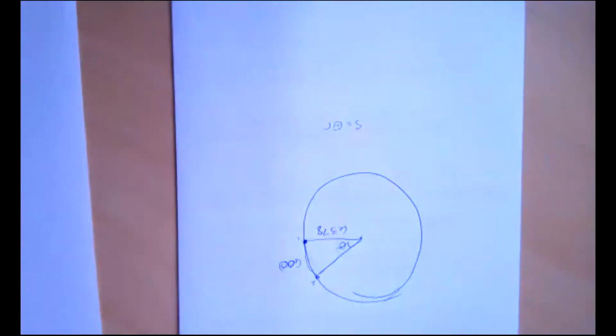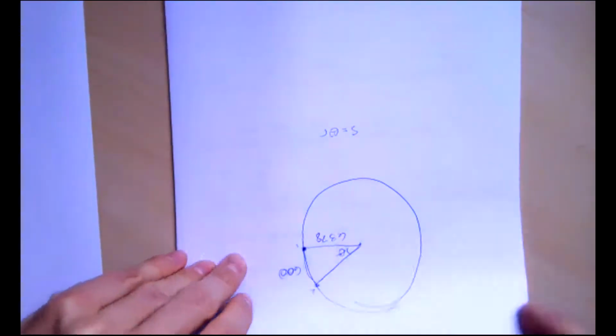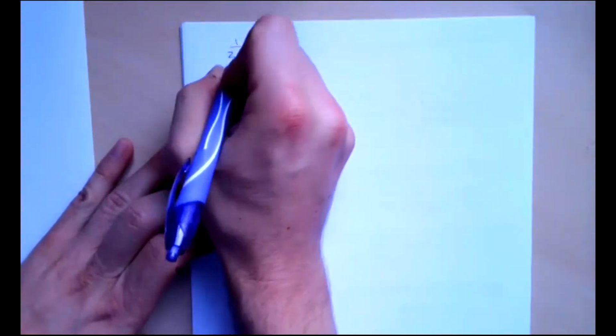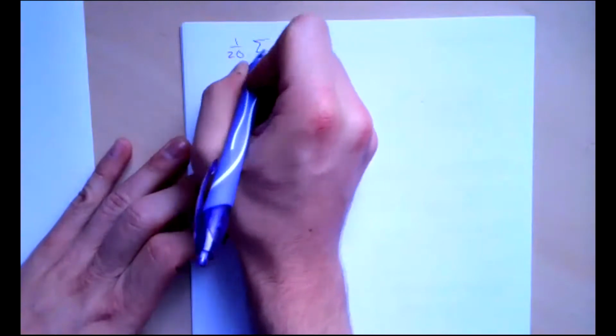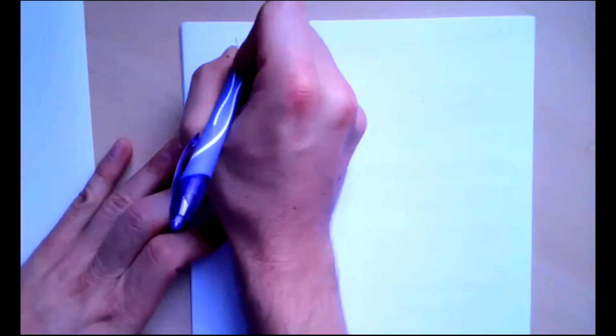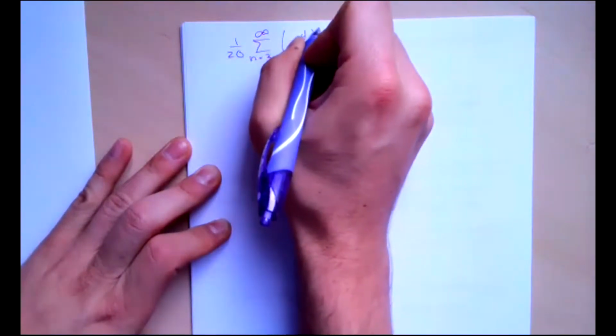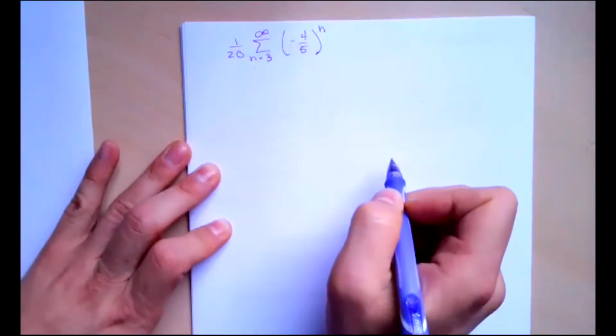Otherwise, an easy method for doing that, or at least another way we can do this, is we started with 1 over 20 times the sum from n equals 3 to infinity of (minus 4/5) to the n. We started at 3.